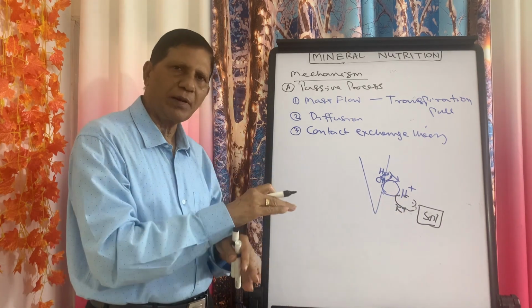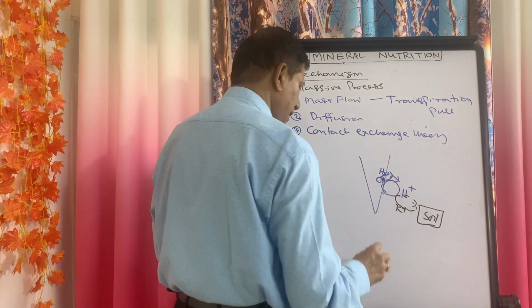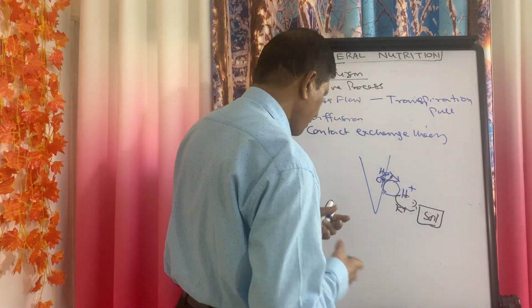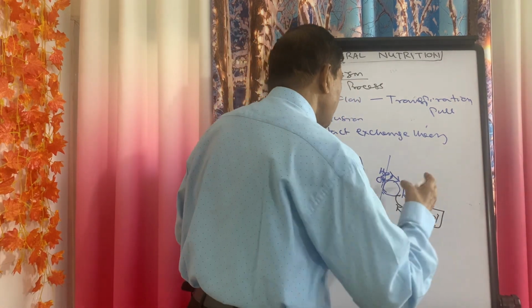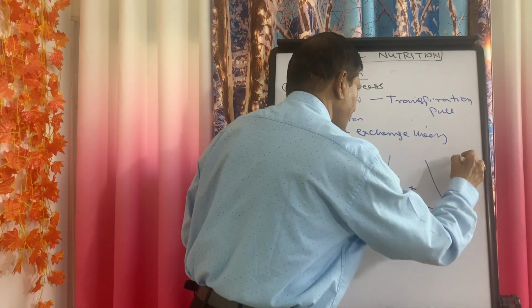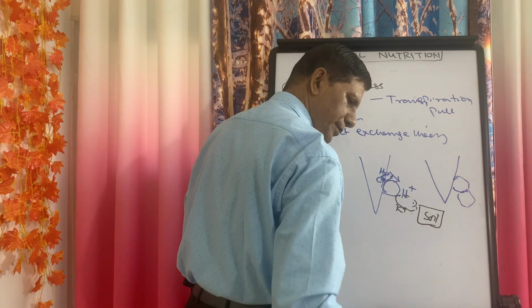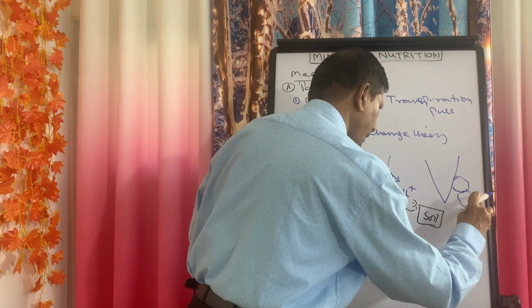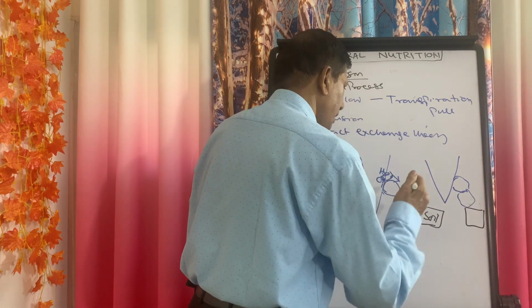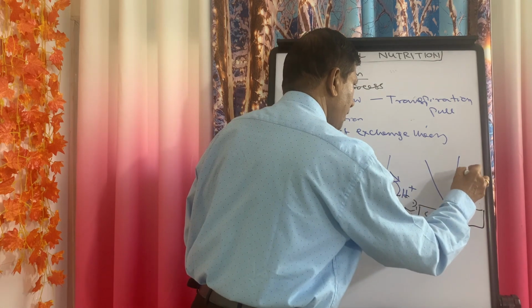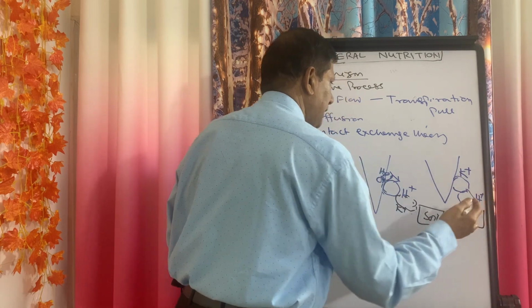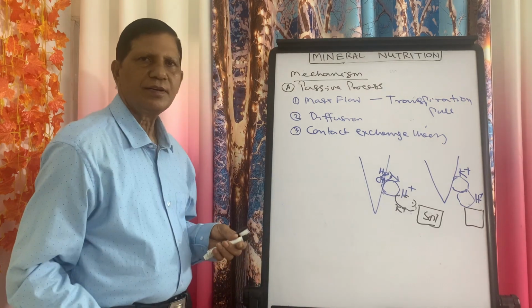And during this overlapping, there is every possibility that potassium will enter into the cell. Now, it will look like this. This is soil. Now this will be potassium and this will be hydrogen. That means exchange takes place.